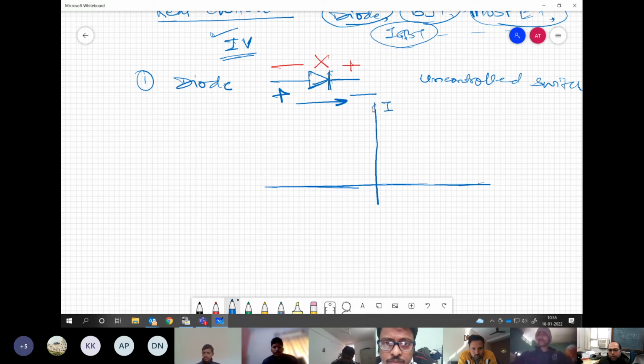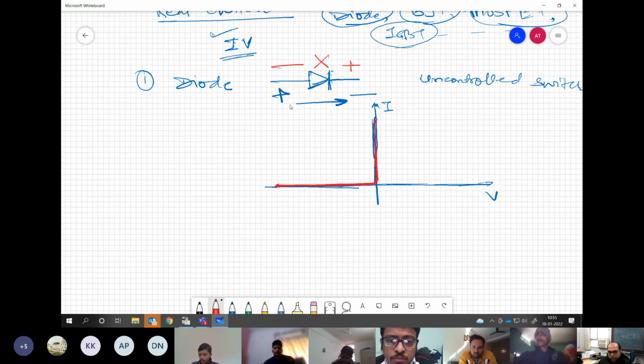So we have current on this axis and voltage on this axis. So what we have, current is positive. Correct? And we have voltage, what it can block is negative. Ideally, any voltage it can block in the reverse direction.